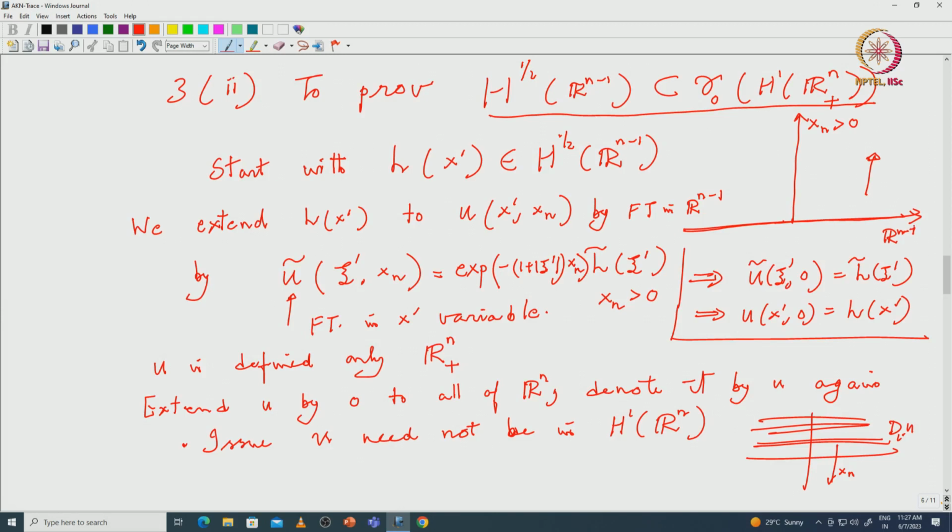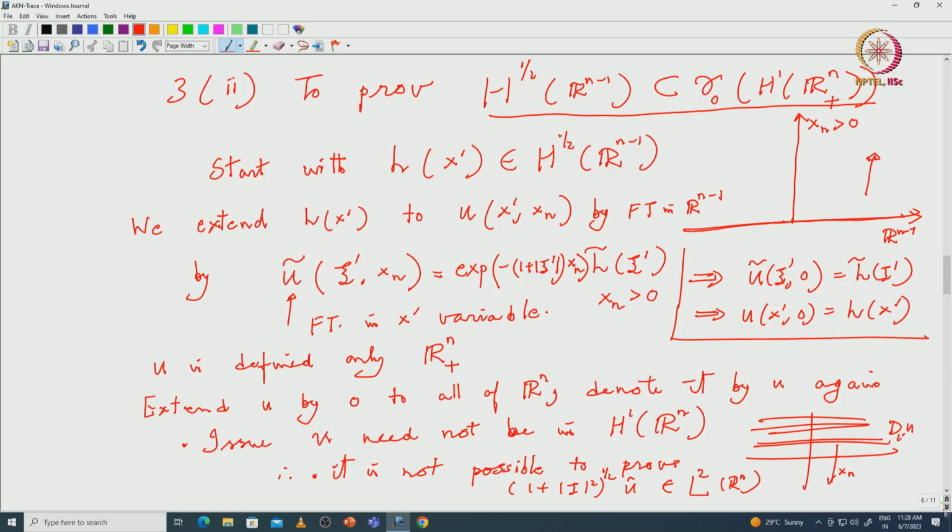Therefore it is not possible to prove, in Fourier terms, that (1 plus mod psi squared) to the half times u hat is in L2 of R^n. This is not possible, so first you have to understand these troubles.